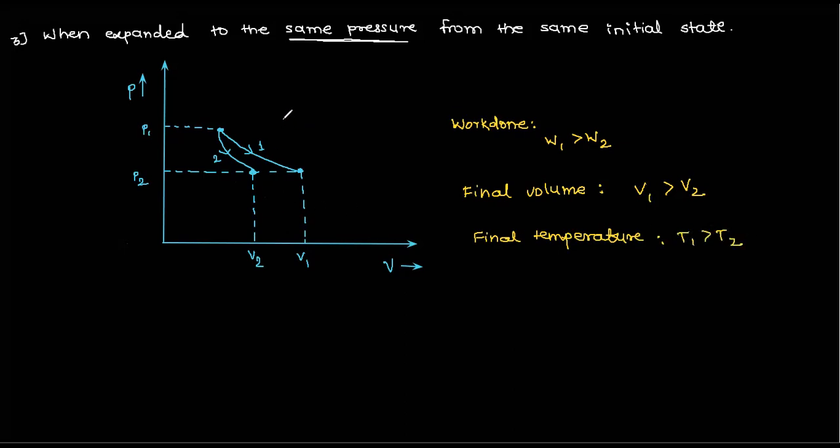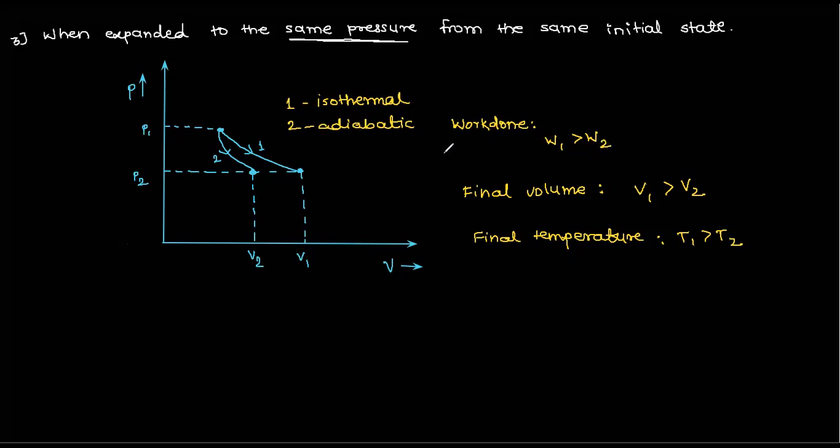So one is what here? One is isothermal process. And second one is what? Adiabatic. So how will you read? You should read like this. Work done in isothermal process is greater than work done in adiabatic process.